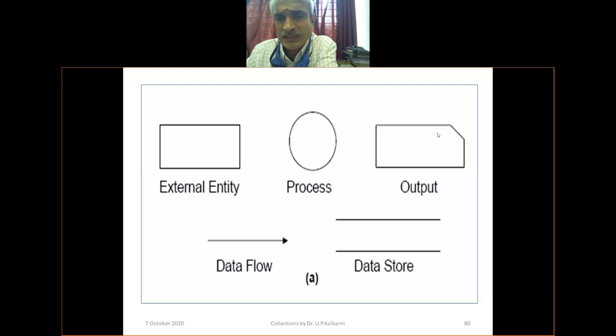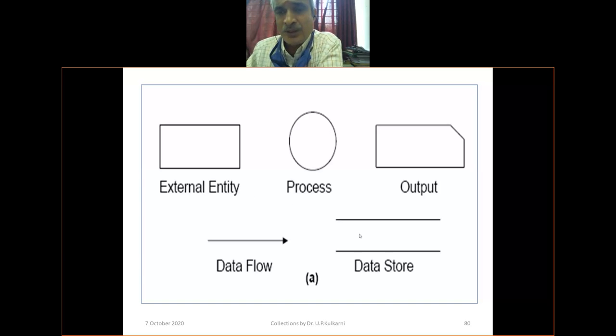Then data flow is indicated by an arrow mark, and a data store or database, whatever you call it, is represented by two parallel lines. Sometimes a single line is also used in many of the documents that we have seen, but we use two parallel lines as the notation for all practical purposes, for examination purposes, in this institution, in this department.